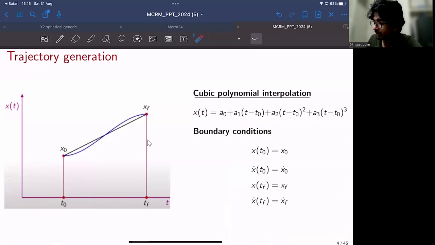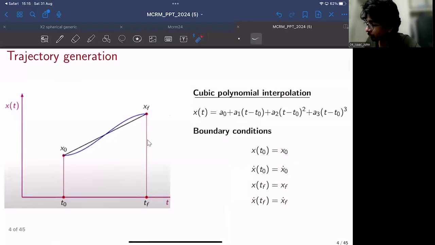And same in the case at the end position. You will have x at t equal to tf as xf and x dot at t equal to tf as x dot f. These are your requirements. Right? Initial position, initial velocity, final position, and final velocity. That would be our requirements.